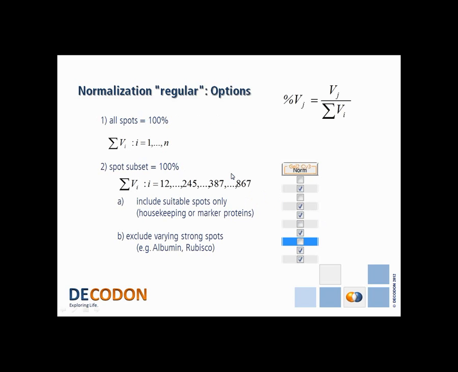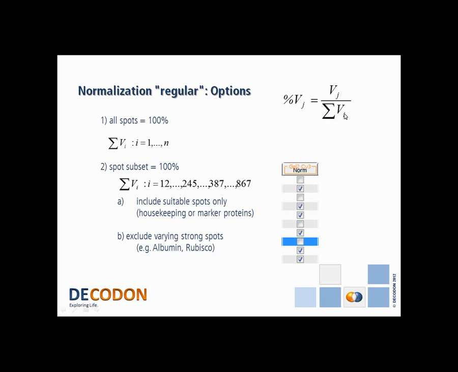Now there are some options. We can change that behavior if we don't want to normalize against all the available spots. The first option, of course, is to keep the behavior of the software as it is. But a second option is to define a certain subset of spots to be the 100% that we want to use as the normalization basis as this term here.